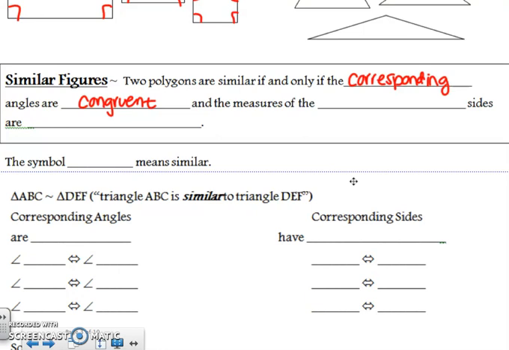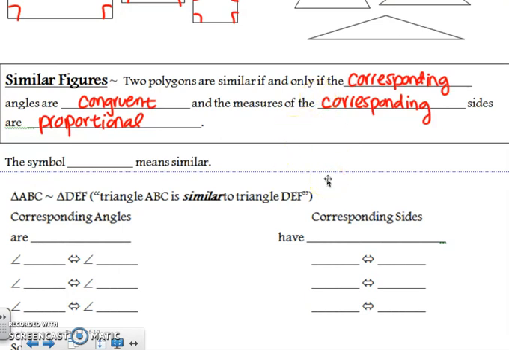And the measures of the corresponding sides are proportional. So the angles are congruent, because remember, angles don't change whether you make something big or small. But the sides are going to be proportional. So we're going to make something larger or smaller around the same proportion, so the same fraction, okay?